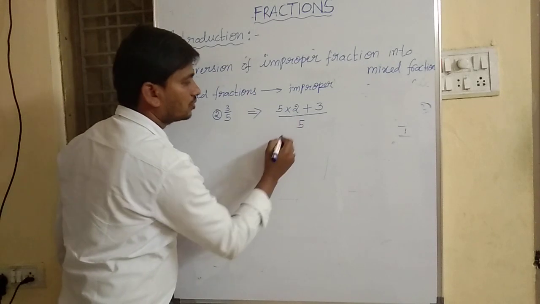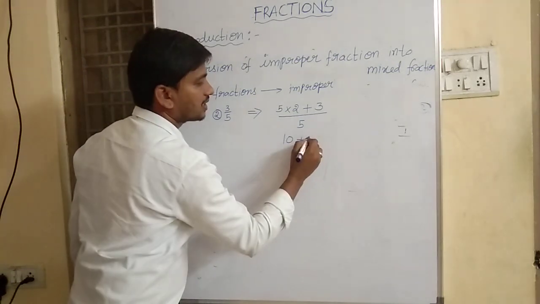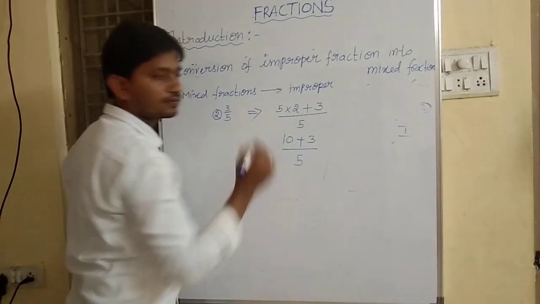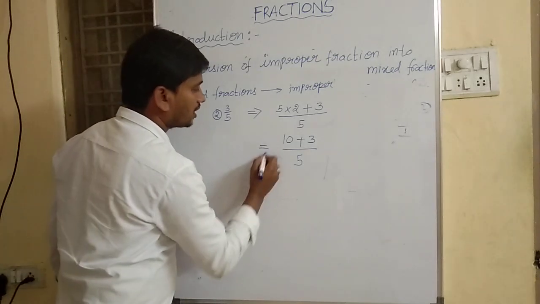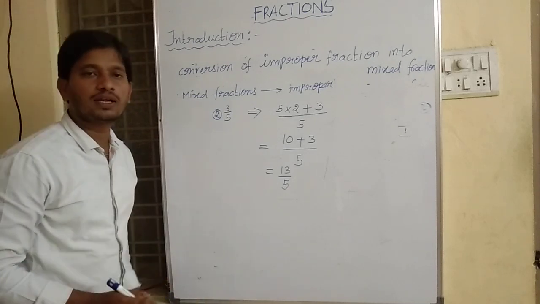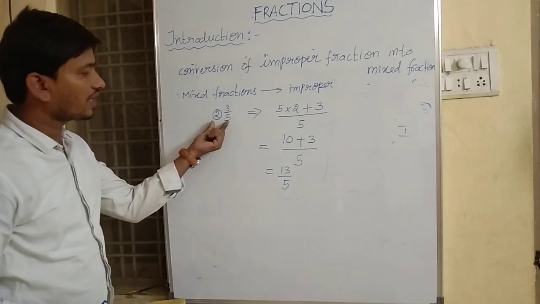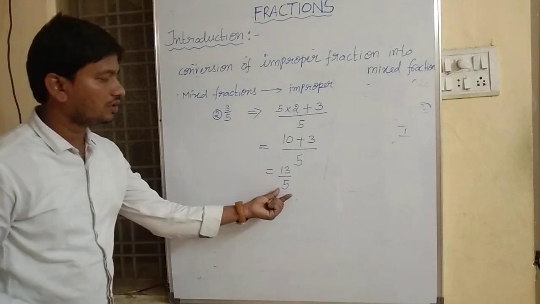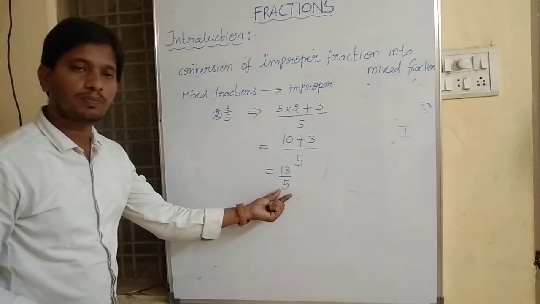So 5 2s are 10, plus 3 by 5. 10 plus 3 is equal to 13. So 13 by 5. See, this was our mixed fraction, and we converted it into an improper fraction.